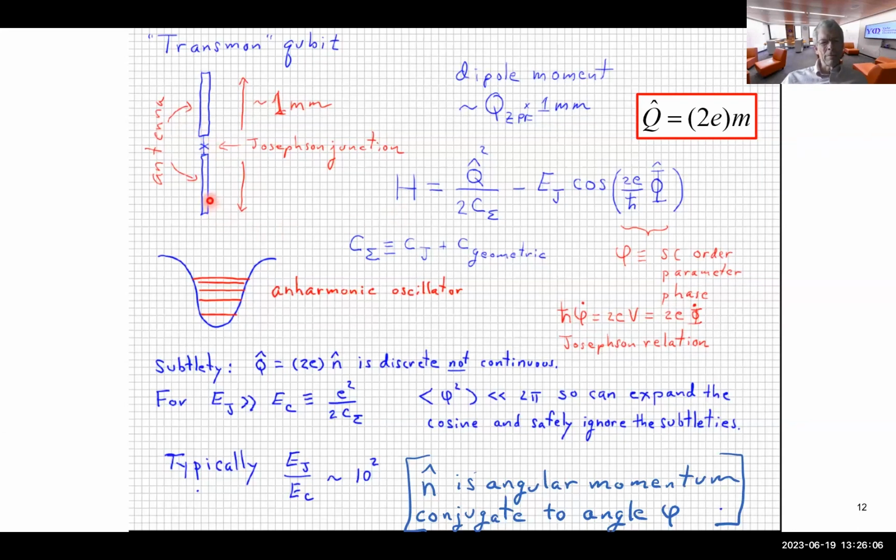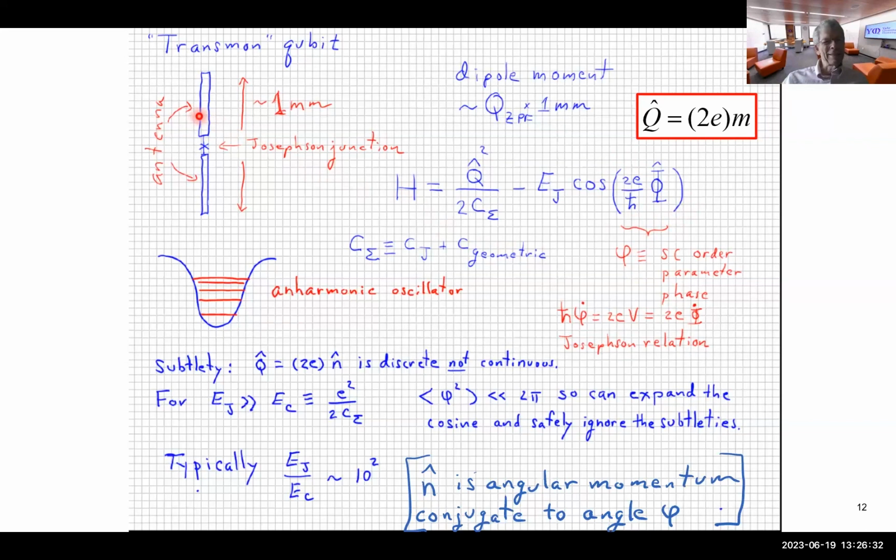And then the fact that pairs of electrons can tunnel through that insulating barrier gives a term in the energy proportional to not flux squared over twice some inductance, but cosine of flux. And for those of you that know about the superconducting order parameter phase phi, that's exactly what the argument of the cosine is.